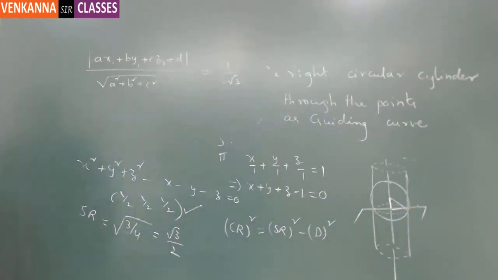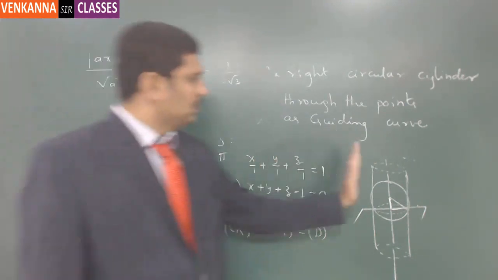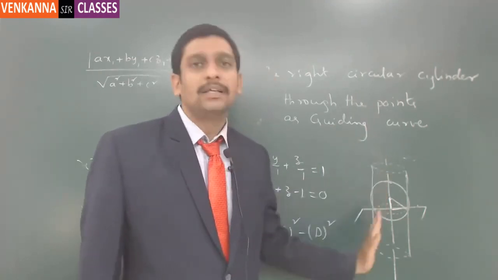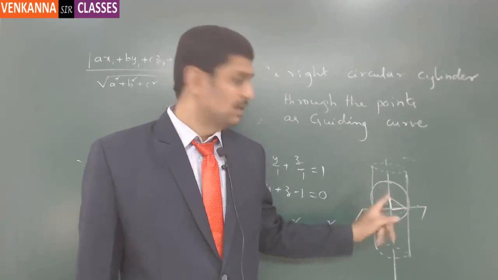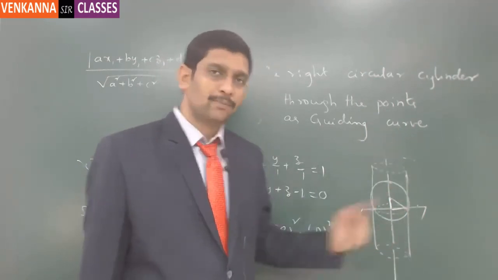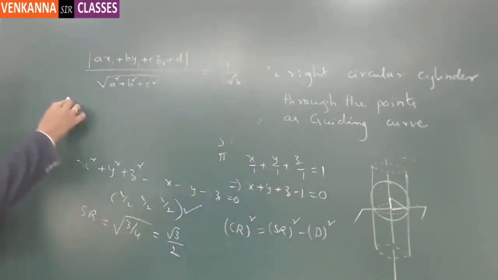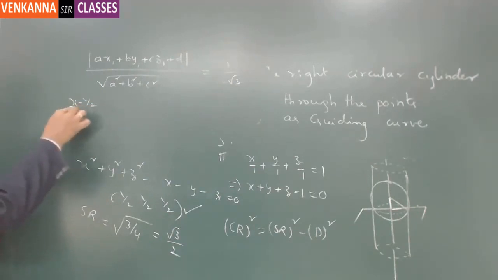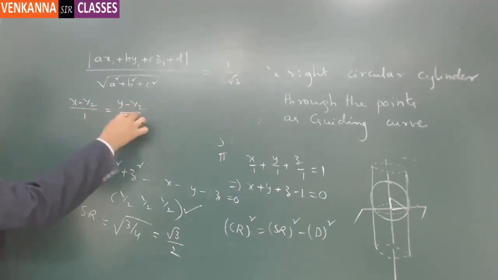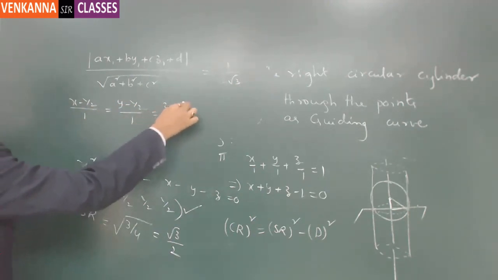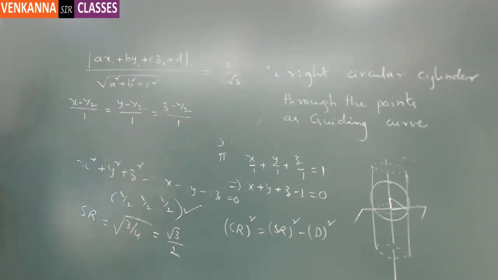Right. Now, the axis of the cylinder is passing through the center of the sphere and perpendicular to the plane. So if you write the equation, it is x minus 1 by 2 by 1 is equal to y minus 1 by 2 by 1 is equal to z minus 1 by 2 by 1.